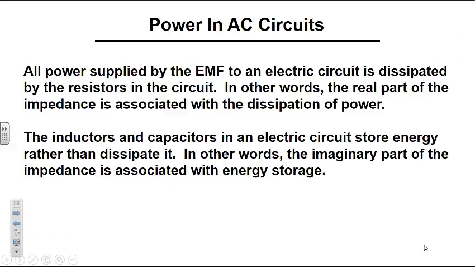All power supplied by the EMF to an electric circuit is dissipated by the resistors in the circuit. In other words, the real part of the impedance is associated with the dissipation of power. The inductors and capacitors in an electric circuit store energy rather than dissipate it. In other words, the imaginary part of the impedance is associated with energy storage.